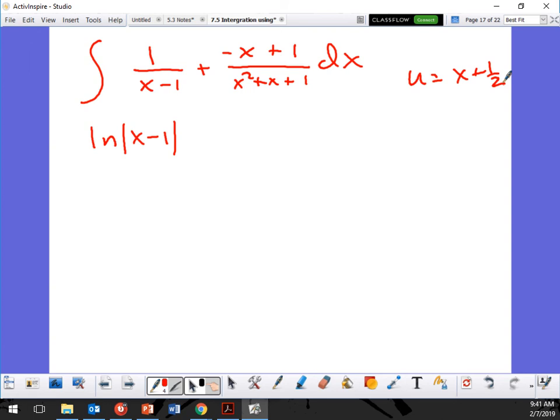So from there, completing the square to actually factor this out, it has to be a perfect square here.